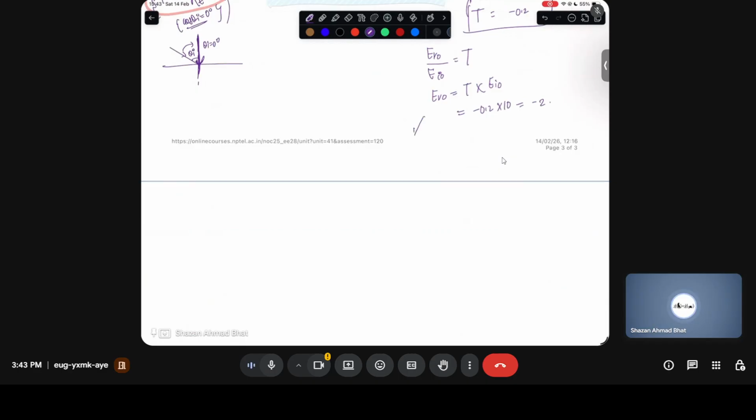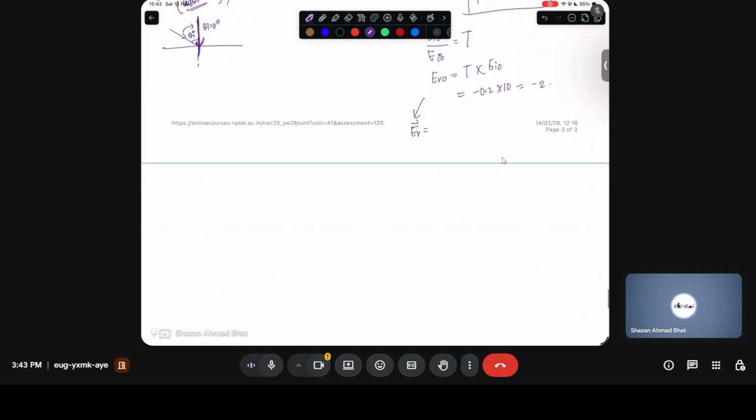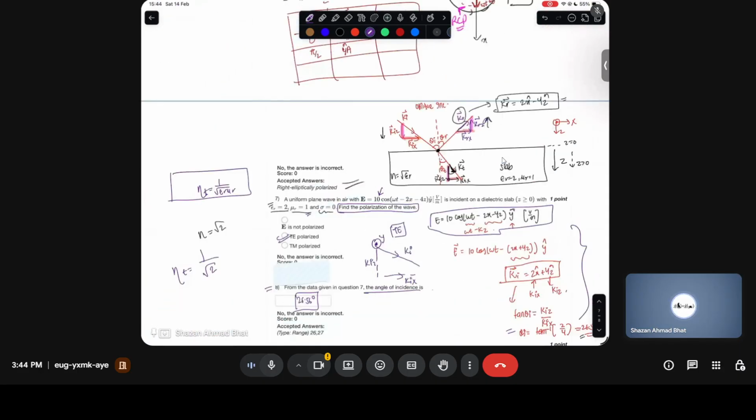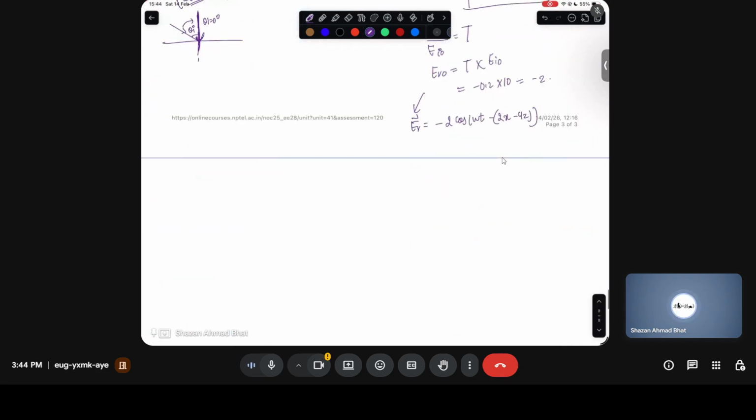Now you can find the reflected electromagnetic wave in equation form, in the oscillation form, as minus 2 cos of omega t minus 2x, this is actually 2x minus 4z. Remember the z direction flipped. This is the z direction, it is minus z. So it is exactly like this, into y cap.